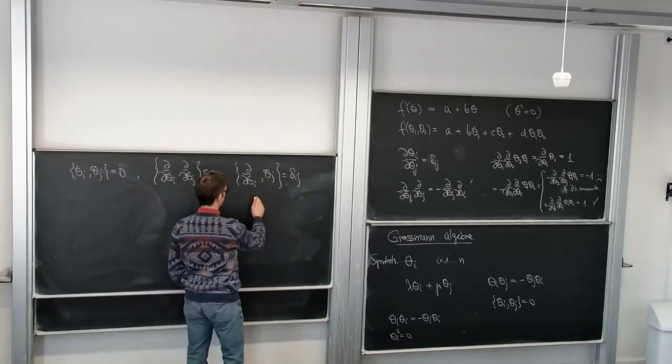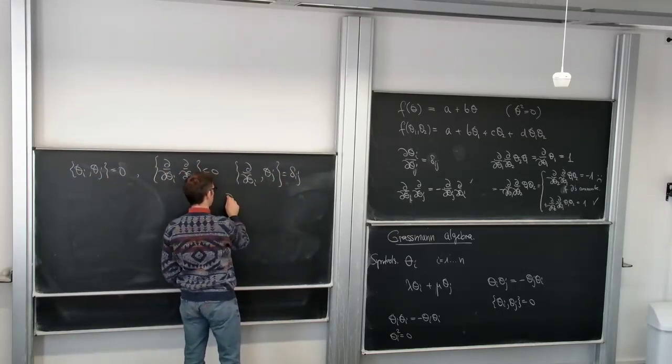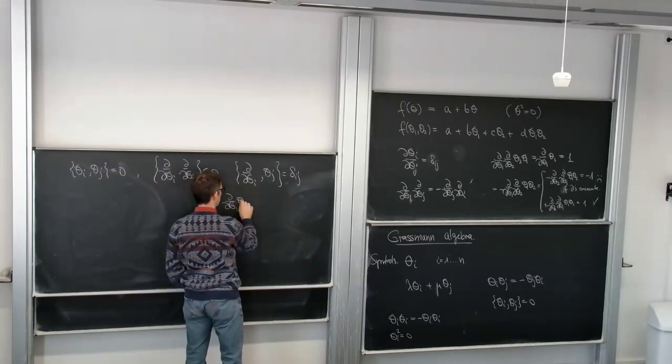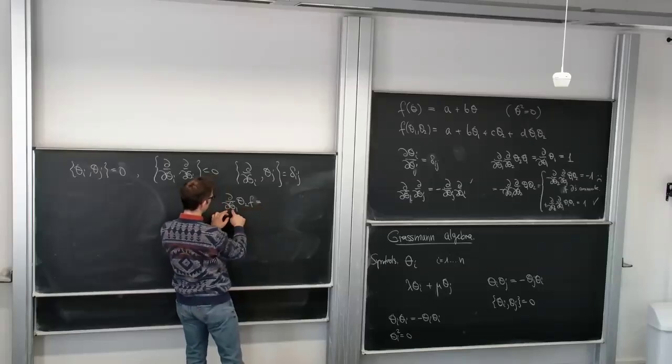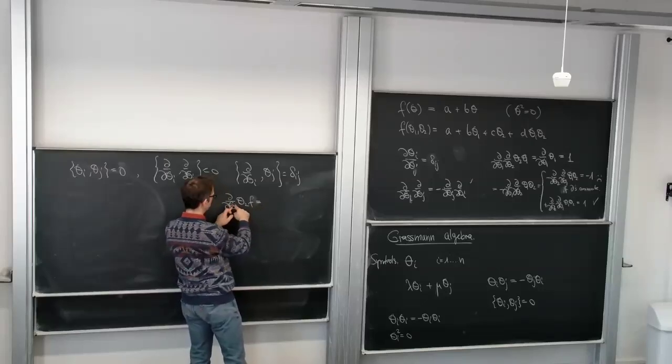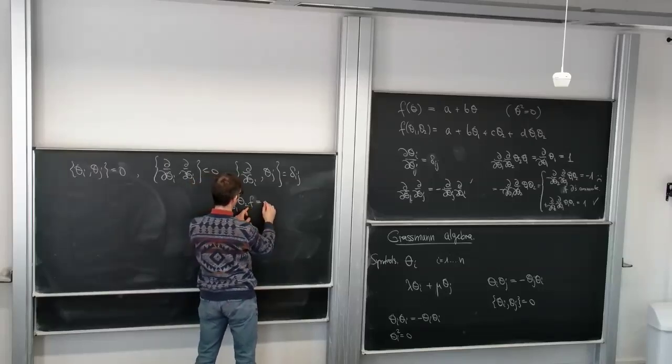So let's be a bit more explicit. If this is d by d theta 1, theta 2, then I can, let's say this is an operator and it acts on something else, f of stuff. Then it jumps through the theta 2 with the minus sign.